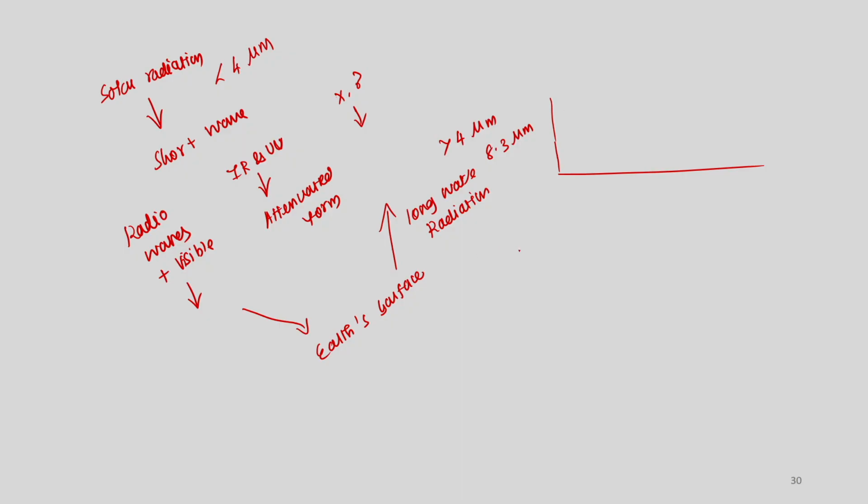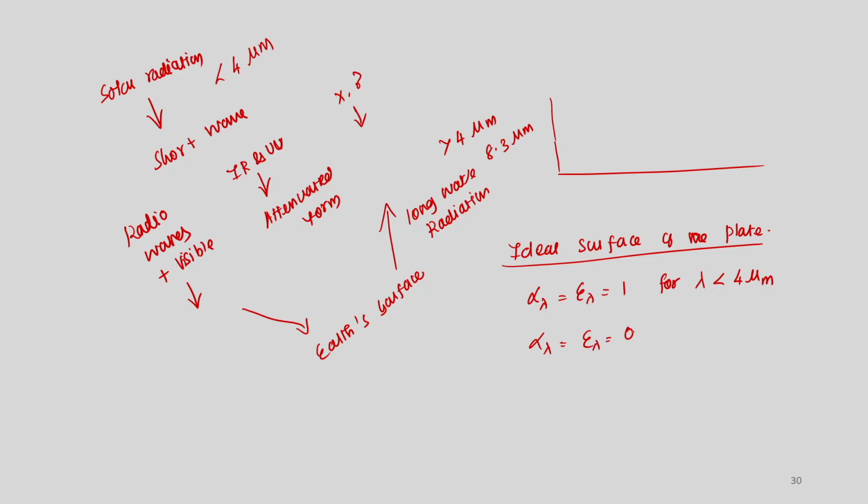For this purpose, what I was talking about is the ideal surface of the plate. For this, alpha lambda, which is equivalent to epsilon lambda, is kept at around 1 for lambda less than 4 micrometer, that means solar radiation. But alpha lambda, epsilon lambda is 0 for all lambda greater than 4 micrometer. So, this is ideal, but how do we get it in reality, because we already know there is no perfect black body?